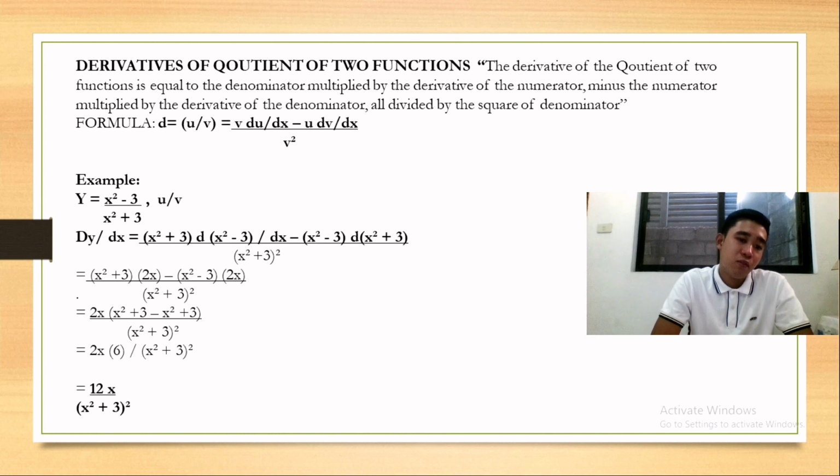Aayusin lang, tapos dy over dx equals x squared plus 3 dx squared minus 3 over dx minus x squared minus 3 dx squared plus 3 over x squared plus 3 squared equals x squared plus 3 times 2x minus x squared minus 3 times 2x over x squared plus 3 squared. 2x, close and open parenthesis, x squared plus 3 minus x squared plus 3 over x squared plus 3 squared. 2x times 6 will be 12x, then x squared plus 3 squared.